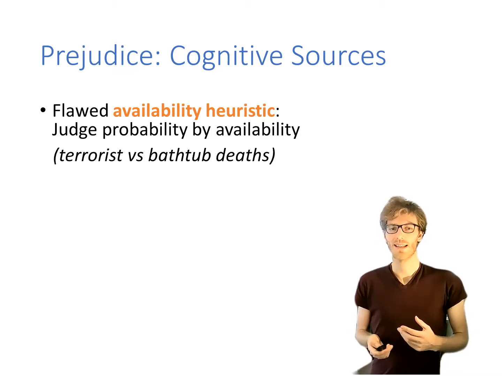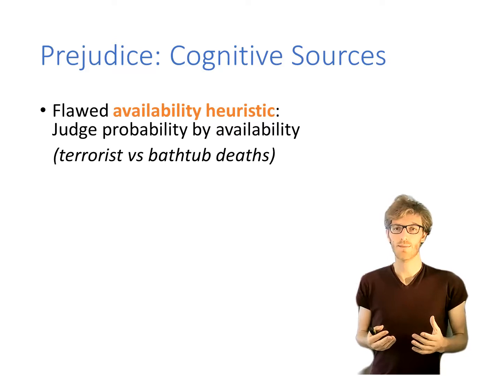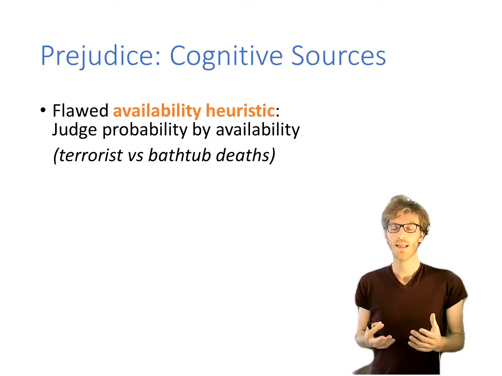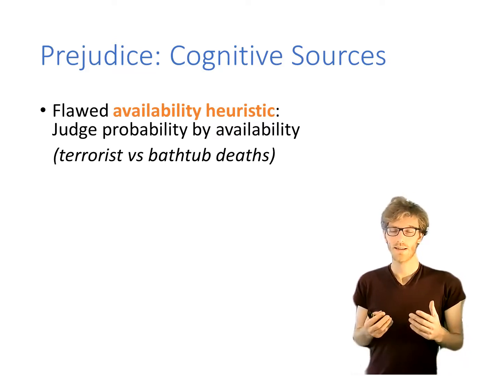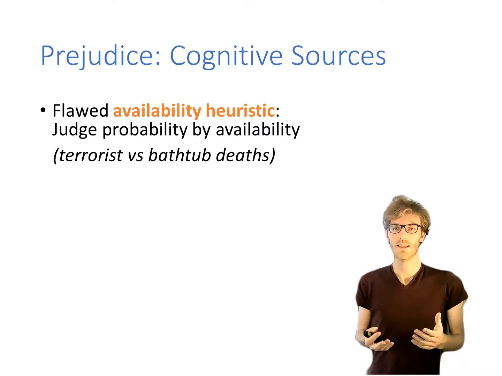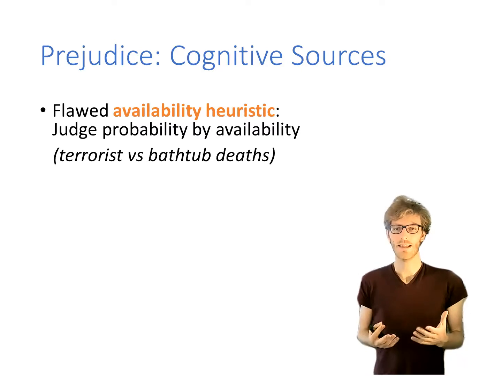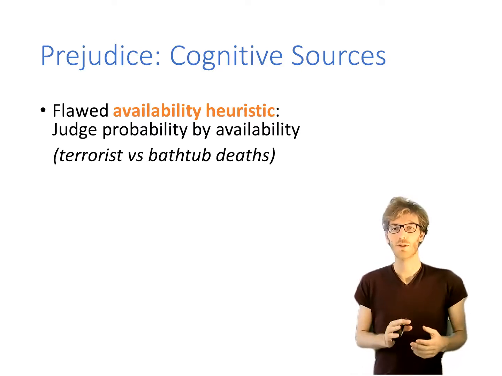One of the striking examples that has been discussed a lot is people's fear of terrorism, where it can generally be shown that in Western countries, your risk of dying in the bathtub is a lot higher than your risk of dying in a terrorist attack. You might want to Google this.